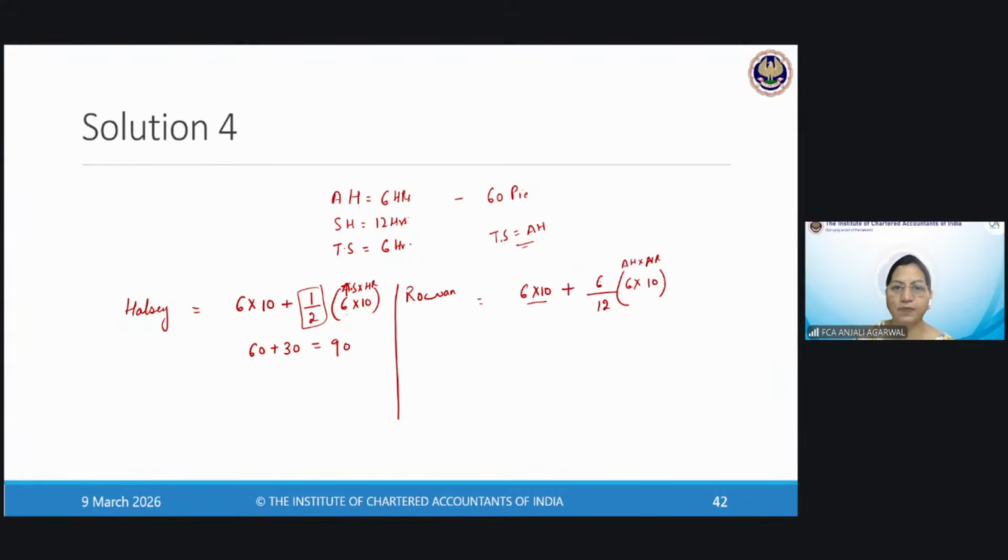But if exactly 50% is saved, then at 6 hours they will remain the same. So this becomes 60 plus 30, and you end up getting 90 only. So at exactly half time saved, or when actual hours is exactly equal to half the standard hours, Halsey and Rowan pay exactly the same bonus.